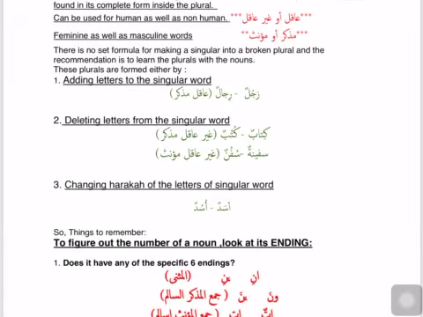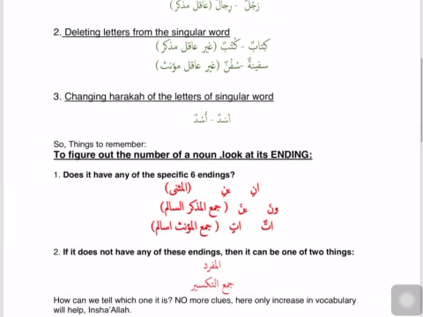They say there are about 20 patterns of jama taksir, and it's not our purpose or goal to learn those patterns. For our purpose, we will just read some of the different plurals and get familiar with them. As we learn a new vocab word, we should try and memorize its plural form with it. That I think is the best way to go about it.